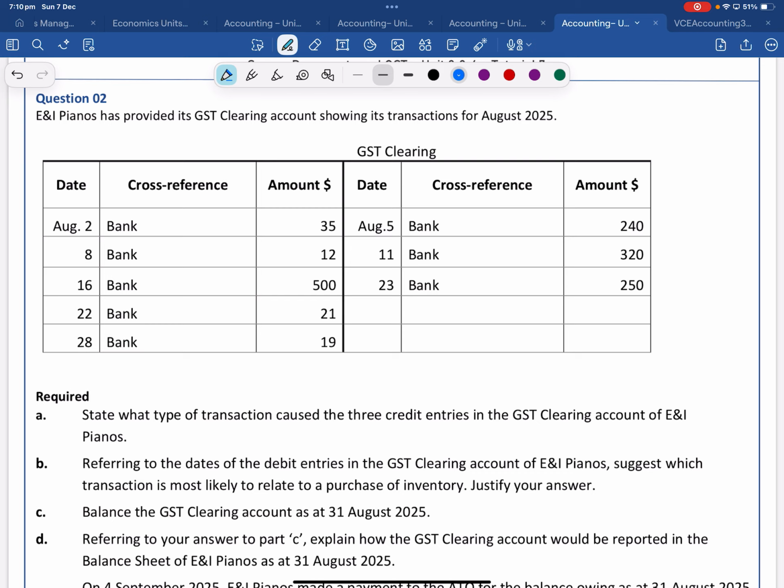What type of transaction? Credit or cash sale? Wait, credit, it's a liability. First credit or even cash receivable. Then, oh yeah, cash sale. Anything else? Credit sales? No, cross reference, cash receivable.